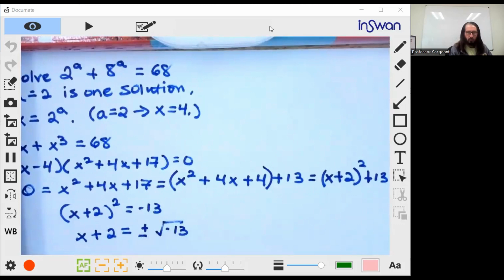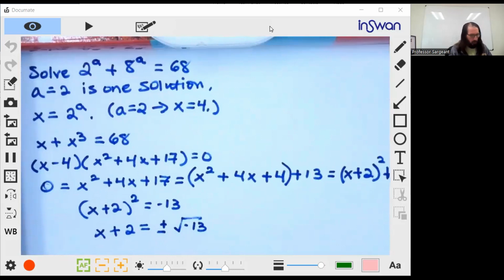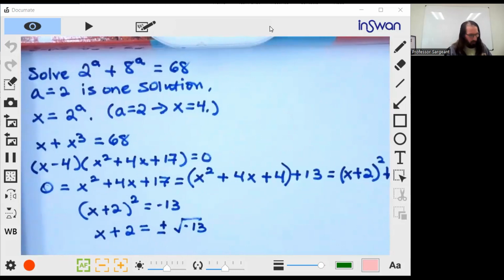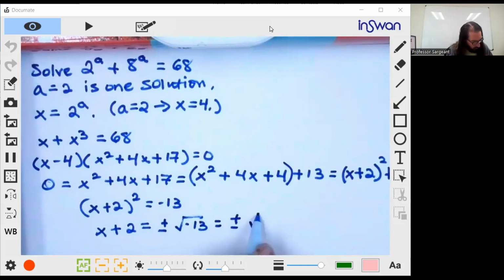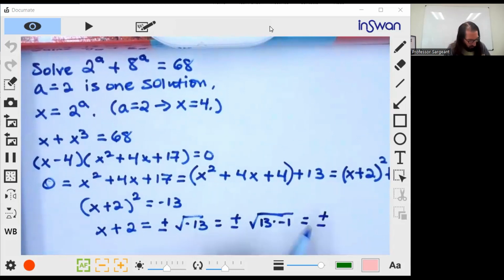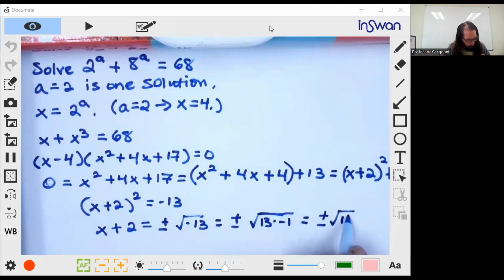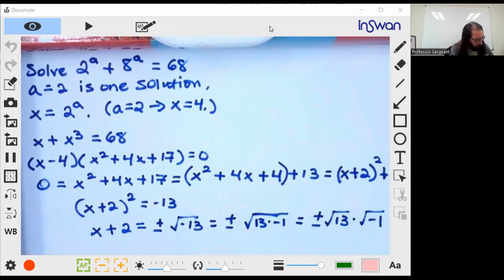13 is not a perfect square, and the only perfect square that will go into that is 1. However, we're looking at negative 13. So by the product rule, I can split up that square root and use the fact that the square root of negative 1 is i.